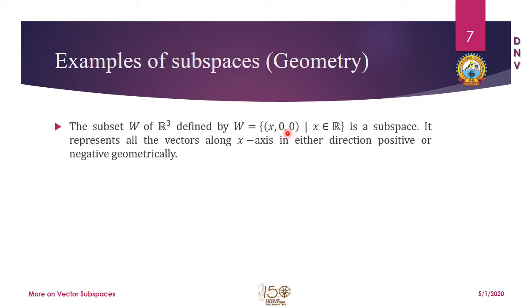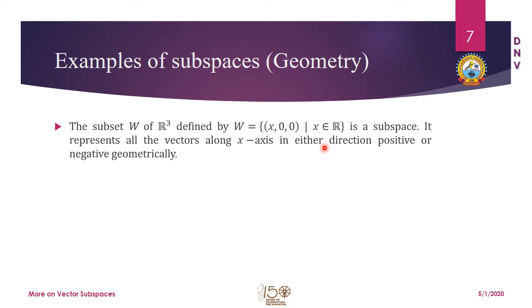These two components will never be any number other than 0 itself. So this is the collection of vectors along the x-axis, be it in the positive or negative direction, because x is a real number. So if I take x equal to 0, then (0, 0, 0), the origin, will be a member of it.